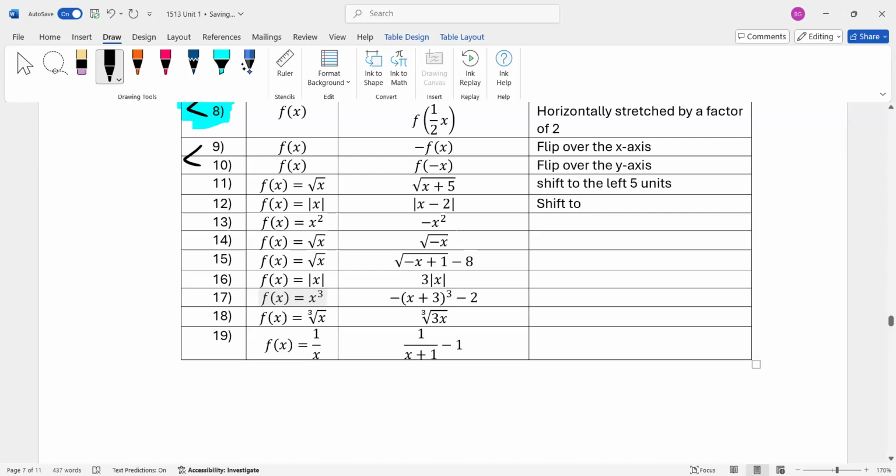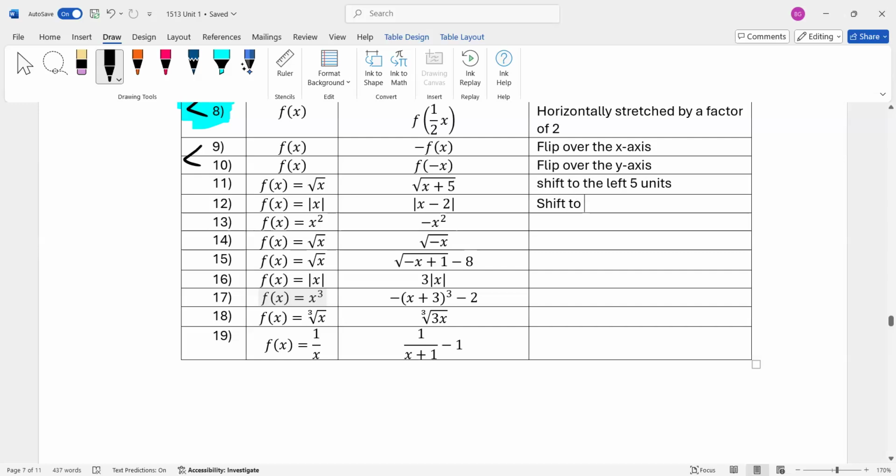Okay, guys. If the treatment is on x, it's going to be a horizontal transformation. If the treatment is on y, that is a vertical transformation. Yes, sorry, I mixed that up. So you minus 2 from x, the horizontal transformation.